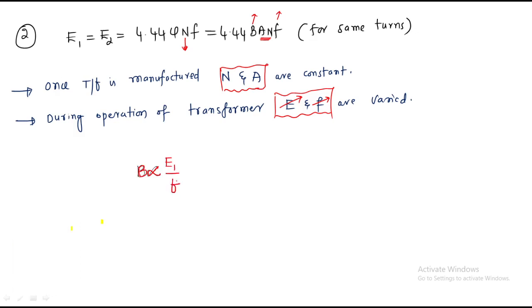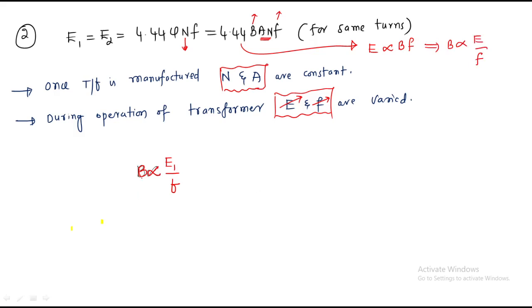Induced EMF is proportional to frequency, right? From this equation, B is proportional to... EMF is proportional to B into F. From this, B is proportional to E by F, right?